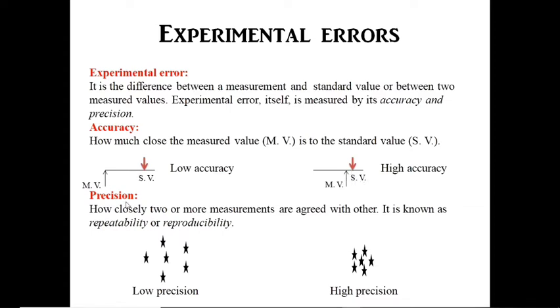And what is precision? Precision tells us how closely two or more measurements agree with each other. What is the meaning of that? Suppose you have repeated your experiment several times, and when you look at the data, all the data is very close to each other.